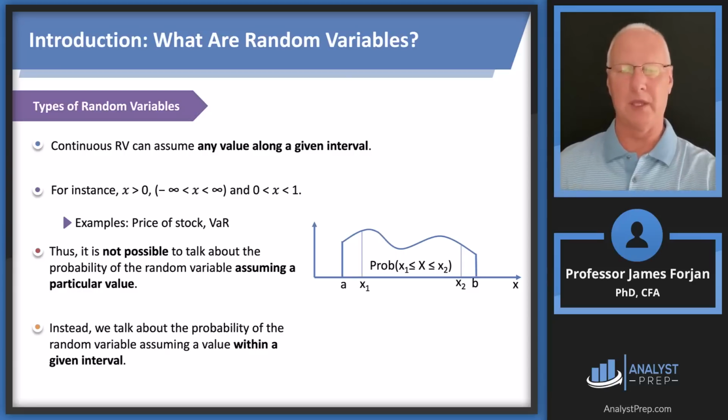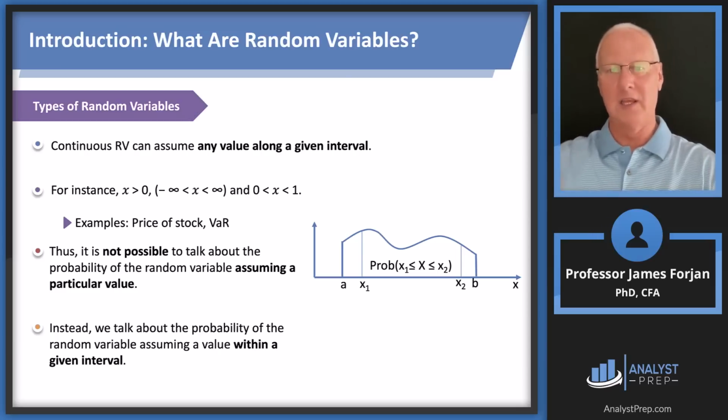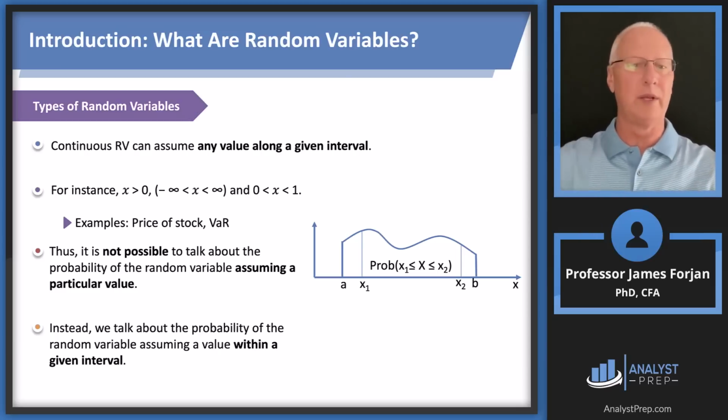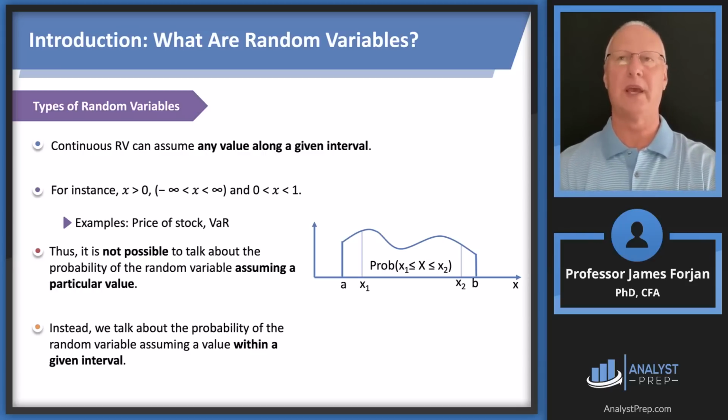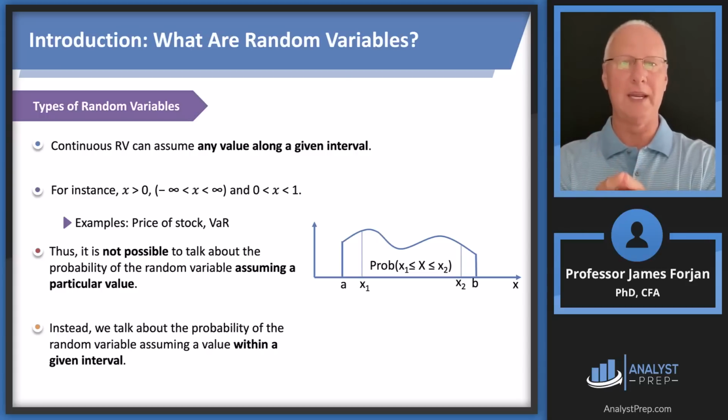What is the probability that some interest rate is going to be 5.827%? You can't really do that because 5.827 could go out another 100, what do we call those, significant digits. So you can't do that. So what we do with continuous random variables is we say something like, okay, we can't identify that point, but we can identify something between 2 points, a probability of an event occurring between 2 points.